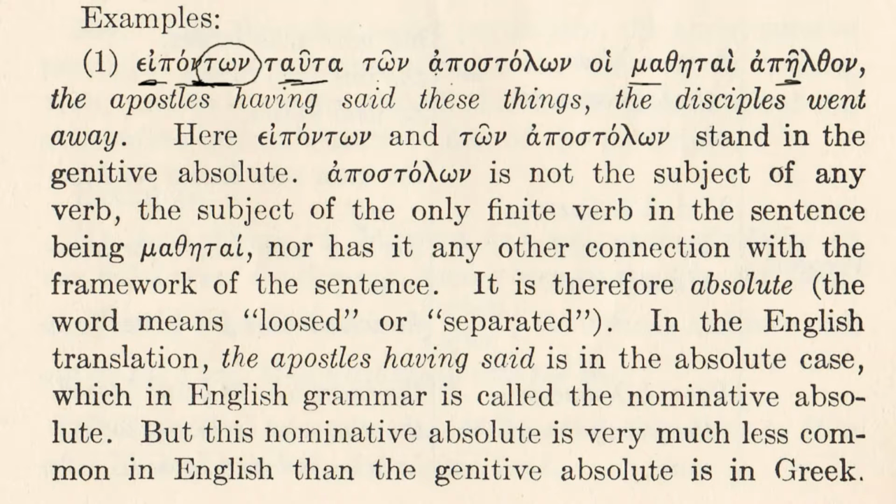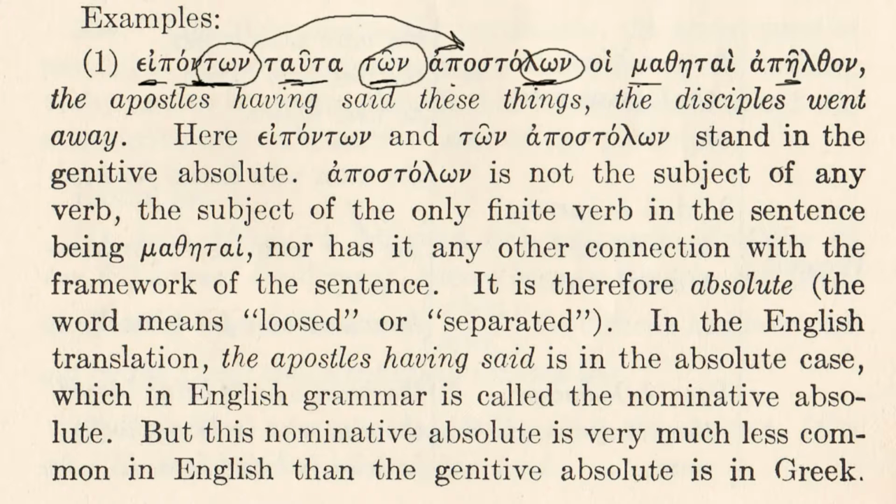Having said, tauta, these things, and then ton, once again in the genitive, apostolon, now I know for sure I'm dealing with the genitive absolute because I have the genitive ending here and the genitive ending here, and I have a participle that's involved, and so all of that tells me that this is a genitive absolute, and it's going to be rendered something like this. The apostle having said these things. So notice that the apostle, even though in the genitive case, nevertheless functions as the subject of this genitive absolute phrase.